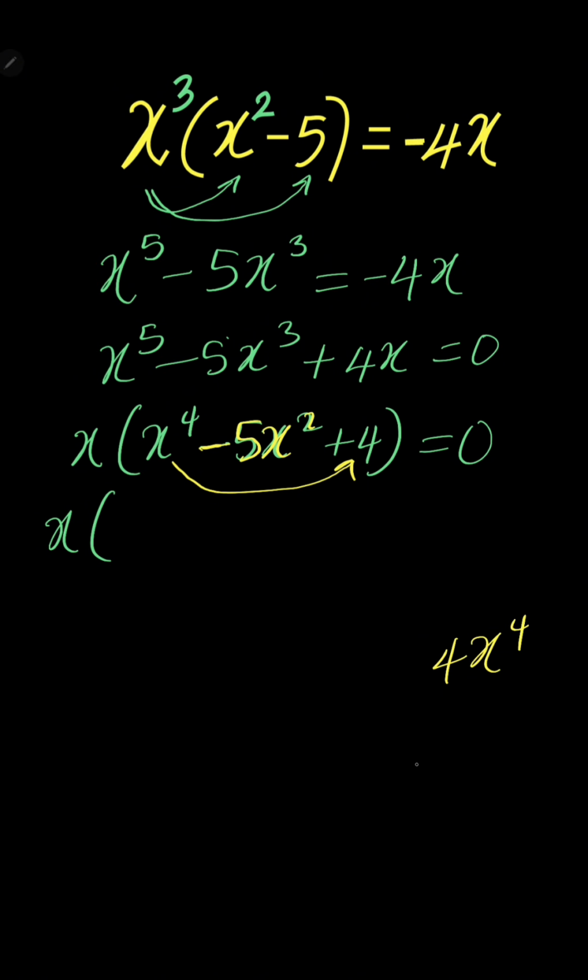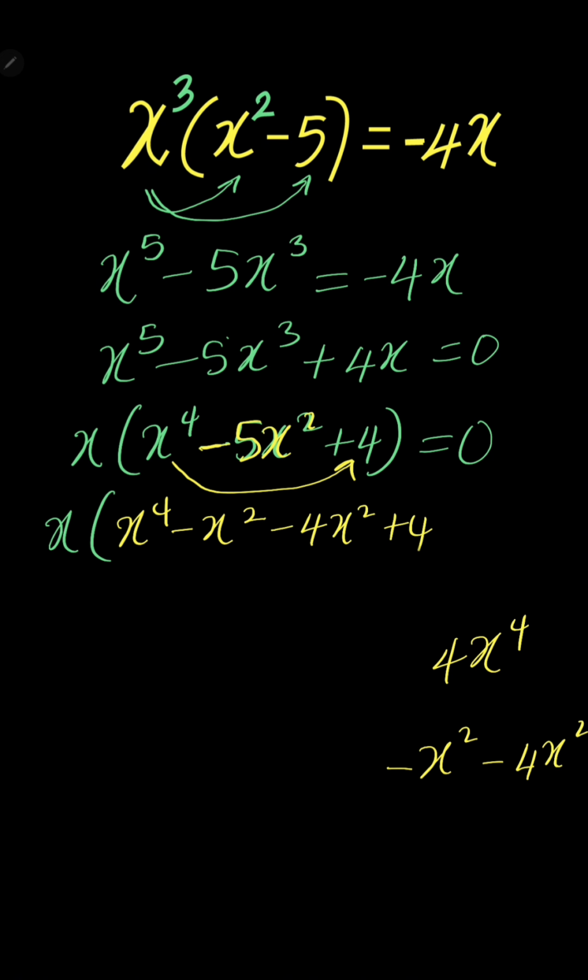Of course, the numbers should be minus x squared and minus 4x squared, because the sum will give you minus 5x squared, and when you multiply, you will still get 4x power 4. So I can now write x power 4 minus x squared minus 4x squared plus 4 equal to 0. So I use these two terms to replace the minus 5x squared.